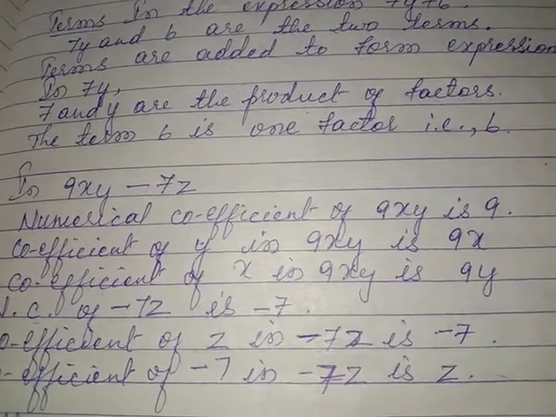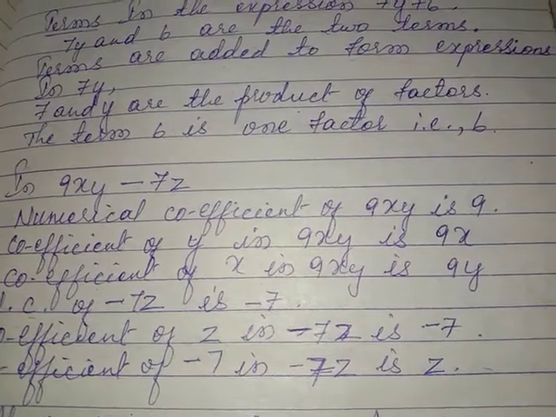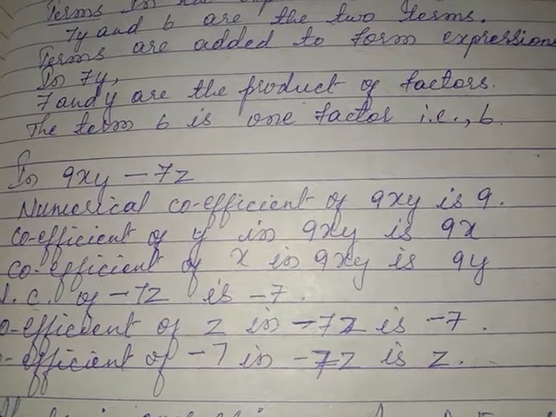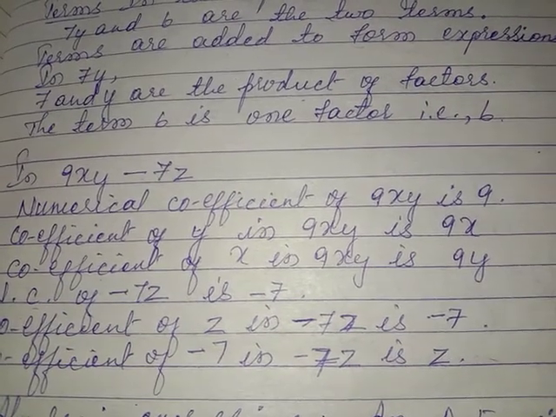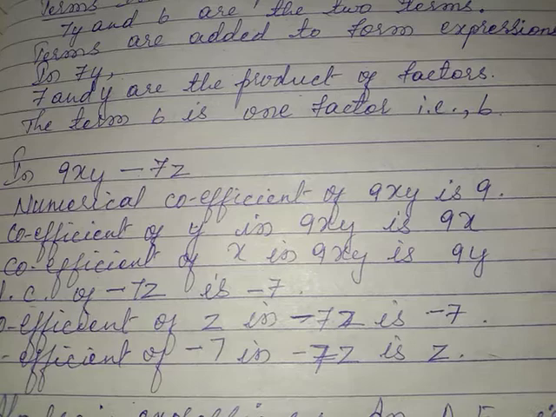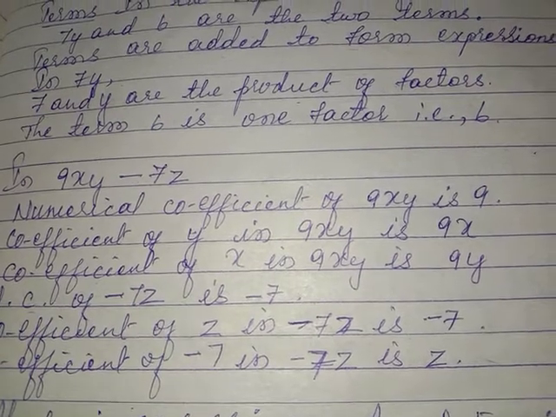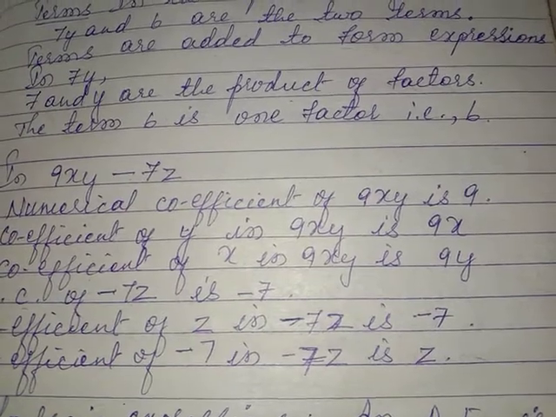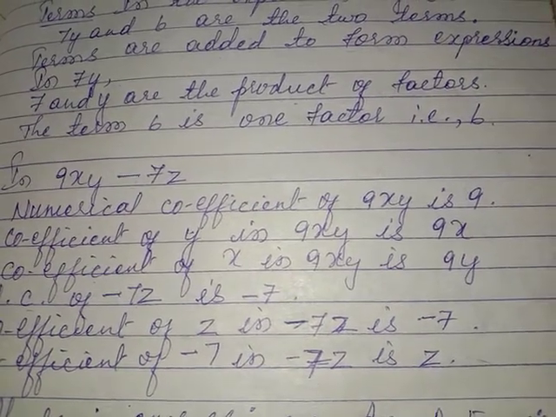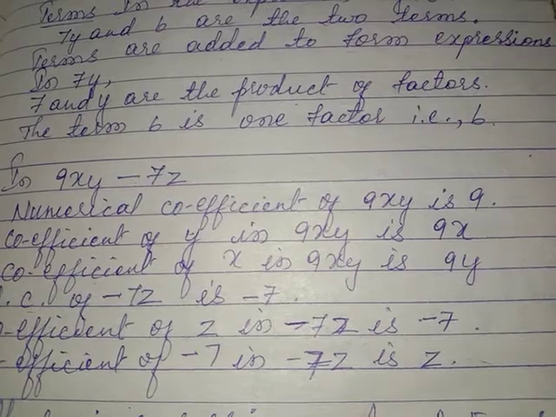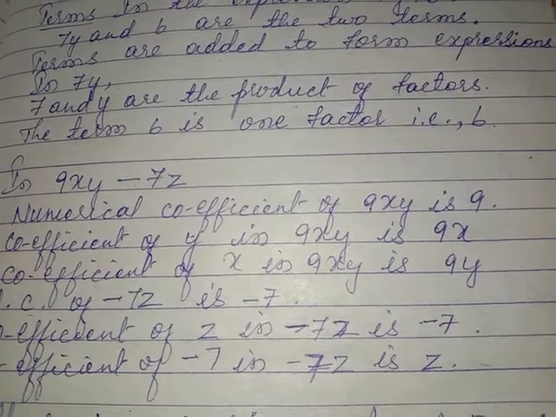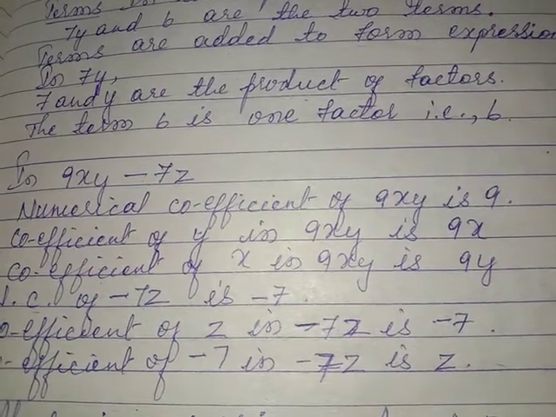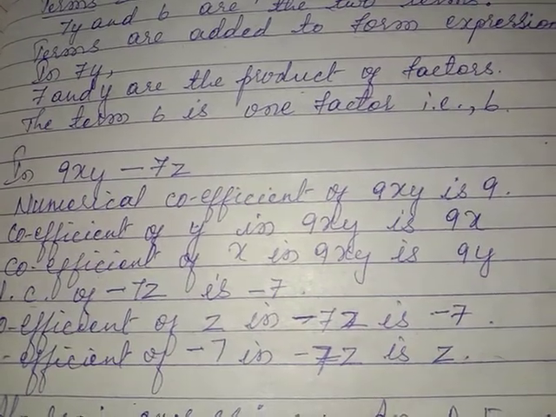Understood? Now we can write the numerical coefficient as well as the other coefficients also. Coefficient of y in 9xy: leaving that y, what is remaining? 9x. So coefficient of y in 9xy is 9x. Coefficient of x in 9xy is 9y.